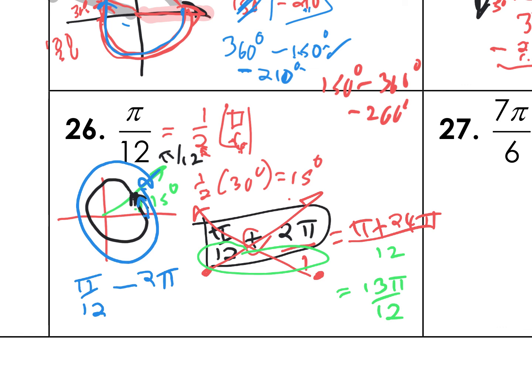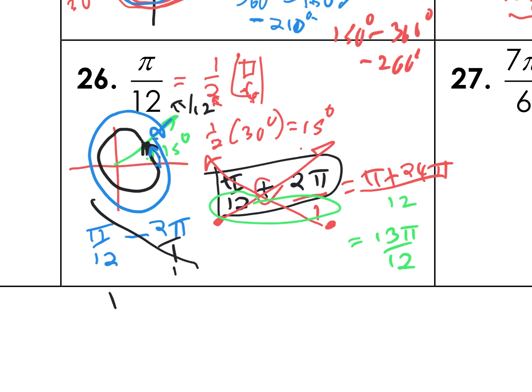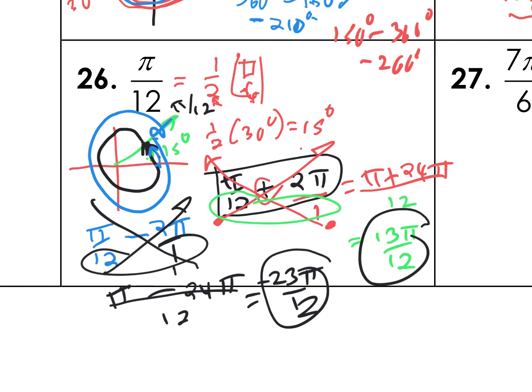And I'm going to do the same mathematics. That gives me 1 times pi minus 24 pi all over 12. That's a negative 23 pi over 12. Notice it's negative. Notice it's positive. Coterminal with pi over 12.